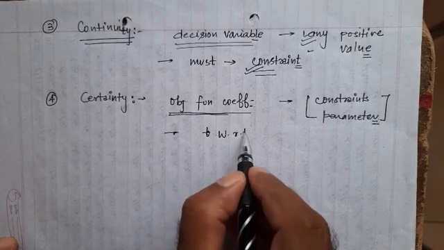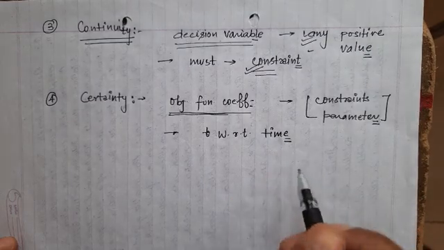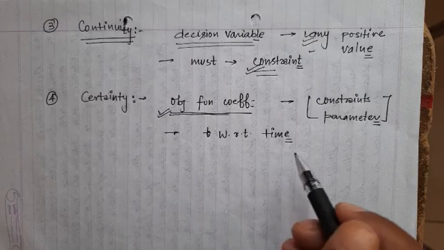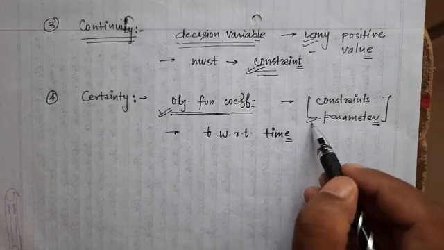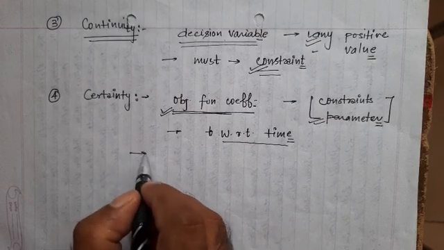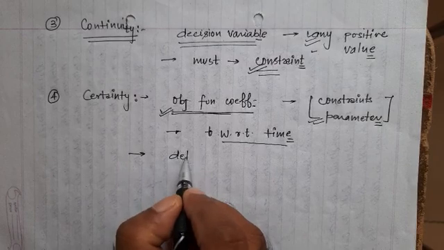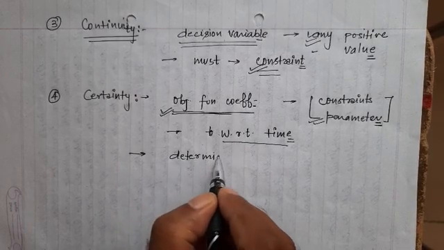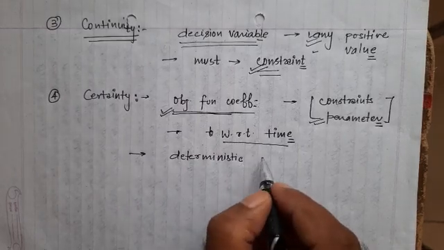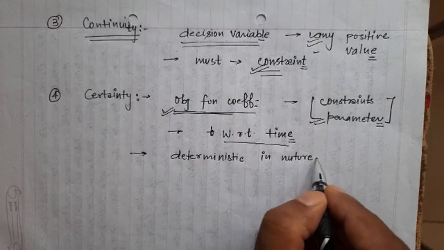They should not change with respect to time. So that is the meaning of certainty. Whatever the value of the coefficients of the objective function and the parameters, they should not change with time, and that is why this particular model is called deterministic in nature. Deterministic in nature because it does not change its nature with time.